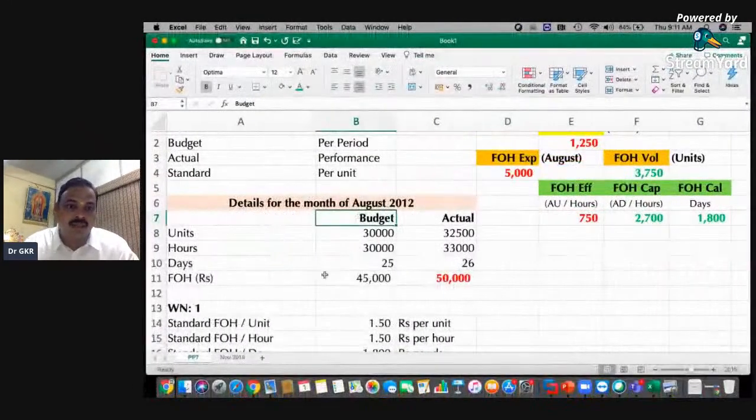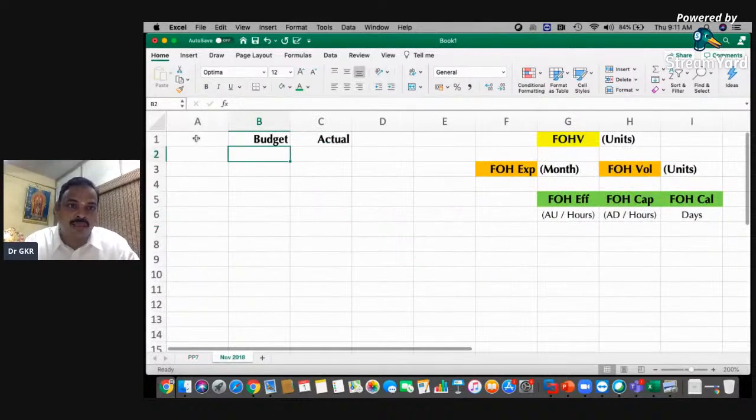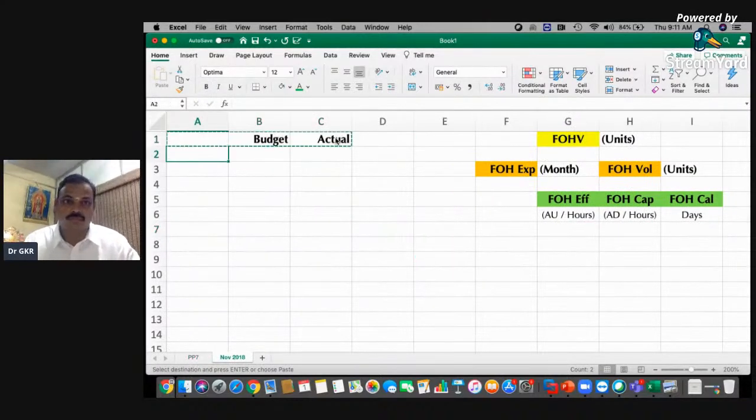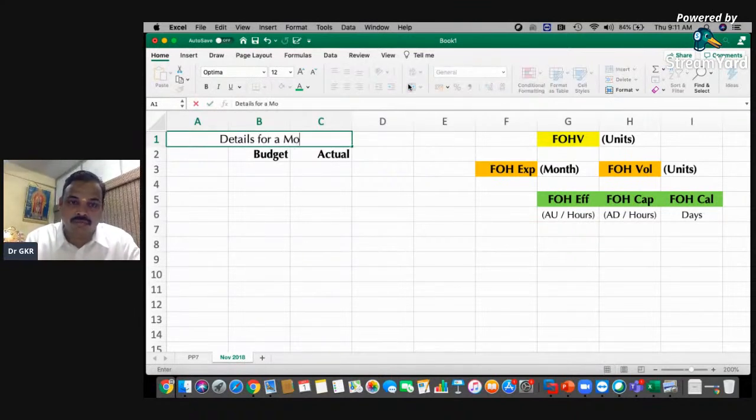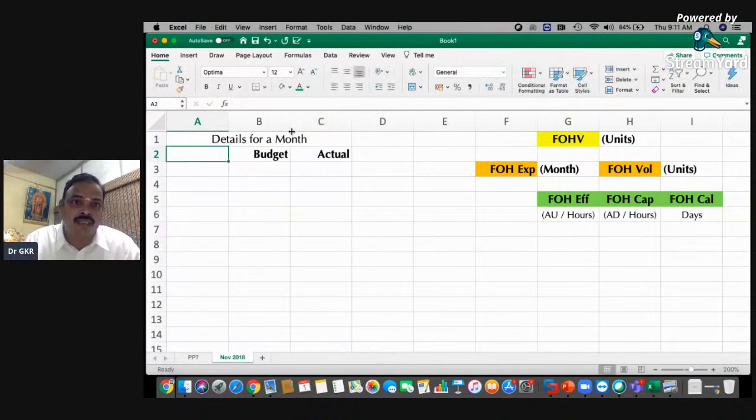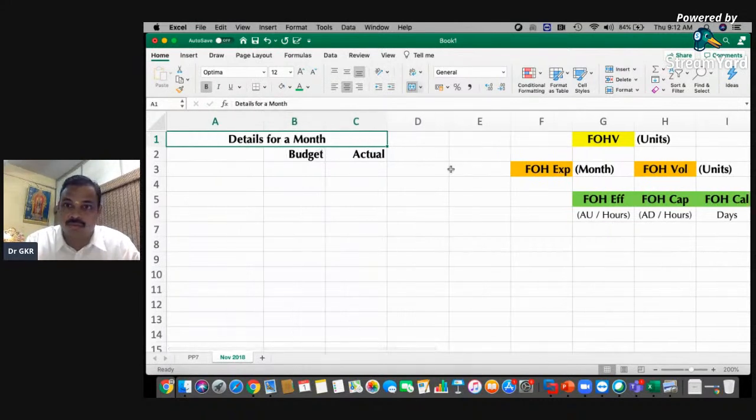So this is per month, details for a month. The moment they say for a month, it is always budget. The budget is always for a period. Please be very clear about this.